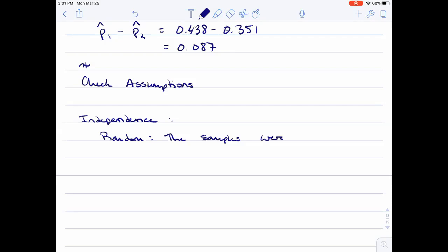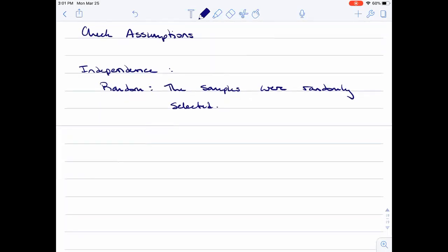The samples were randomly selected because it said so. n1 has to be less than 10%.